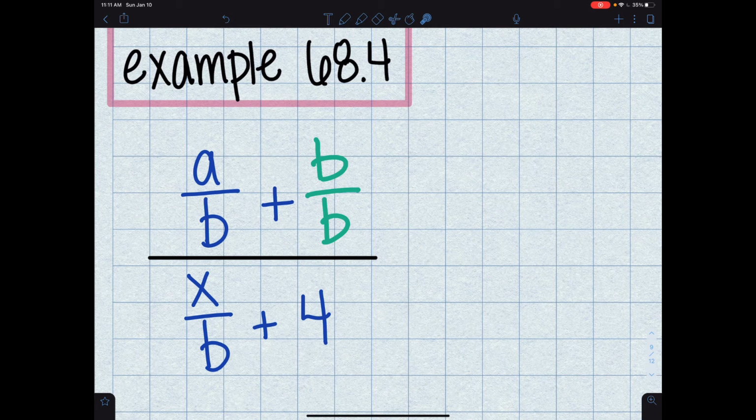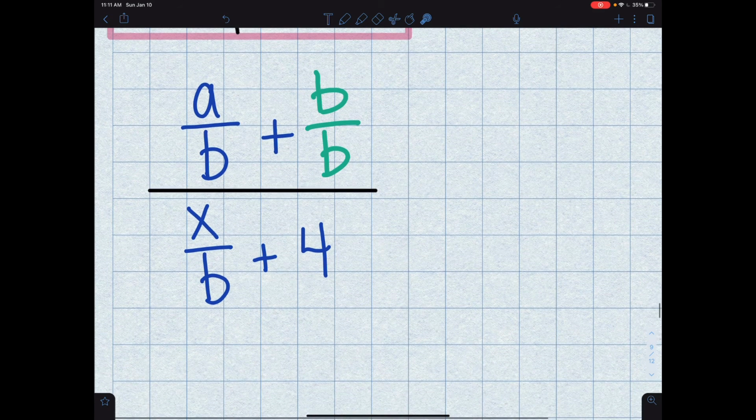Now, what about this bottom one? Let me see what we did and add in the denominator. Well, I can just do the same thing. If I want to have common denominators here, this is going to be the same as 4 over 1.